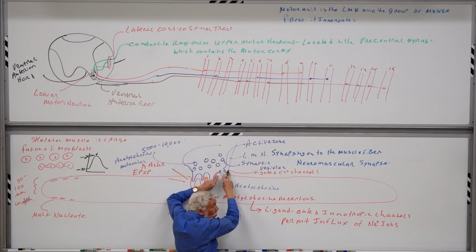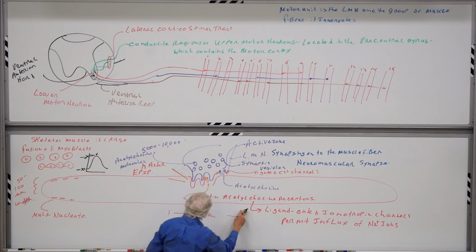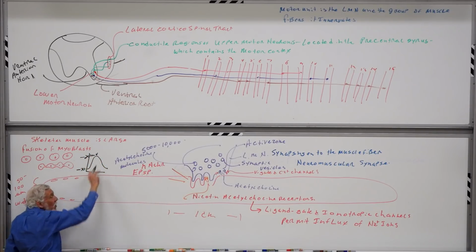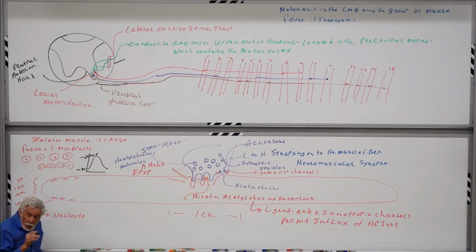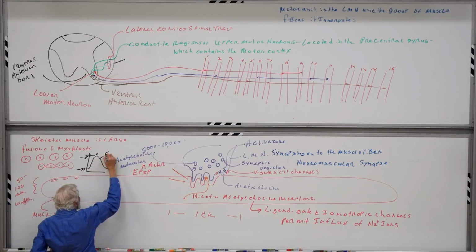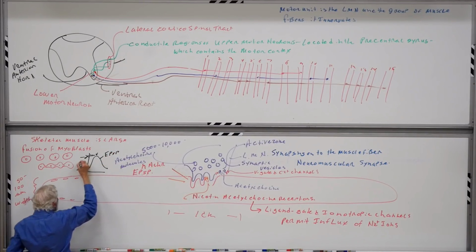Each one of these opens several hundred, maybe up to a couple thousand nicotinic acetylcholine receptors, each one contributing a little bit of influx of sodium ion so that we now get a depolarization. But in almost all cases, the amplitude of this EPSP is far above the magical point of threshold.